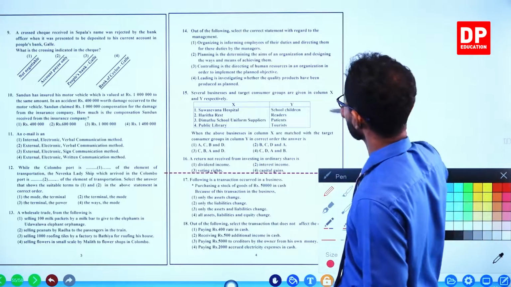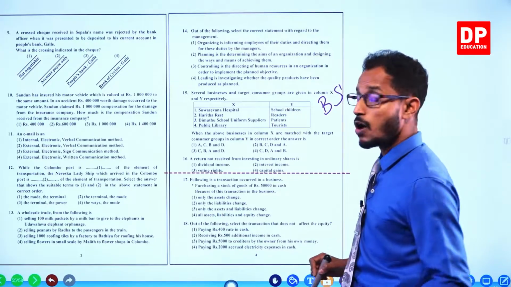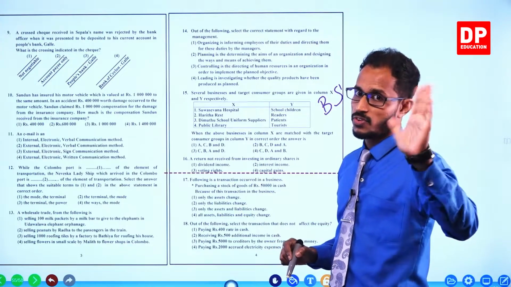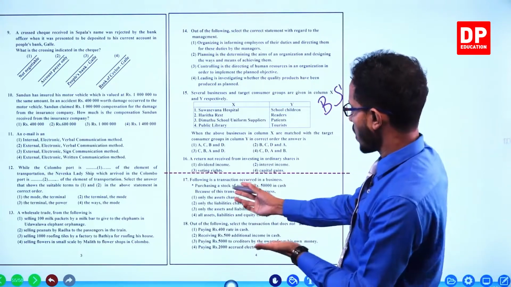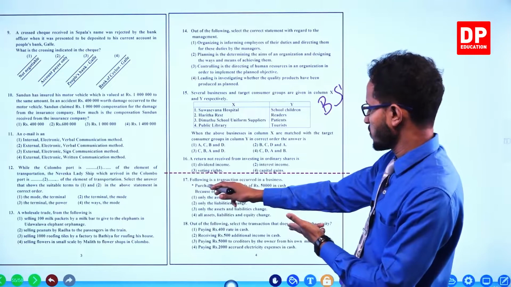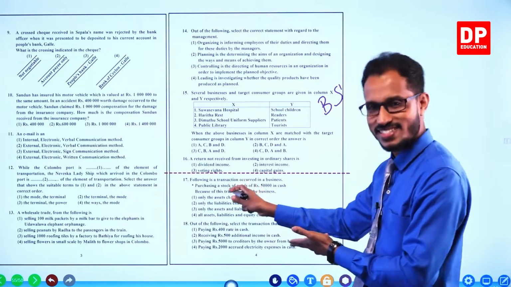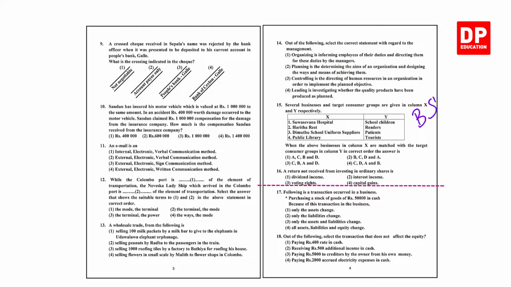Up to 16 you have business studies questions. From 17 upwards, it's all about accounting. Just read out the 17th question: following is a transaction occurred in a business, purchasing a stock of goods, 50,000 on cash, and so on.